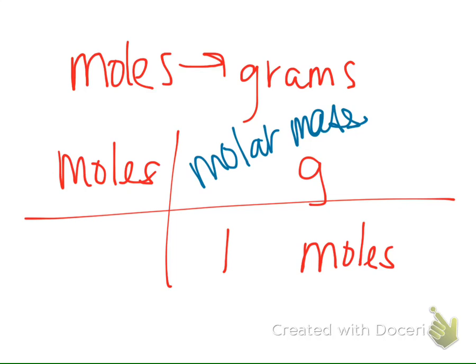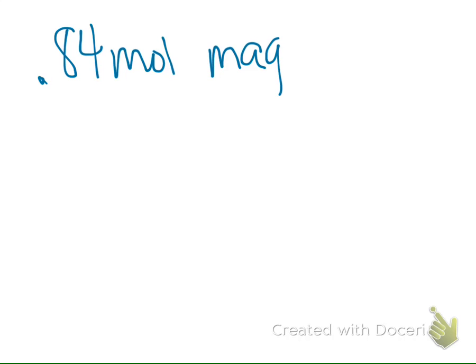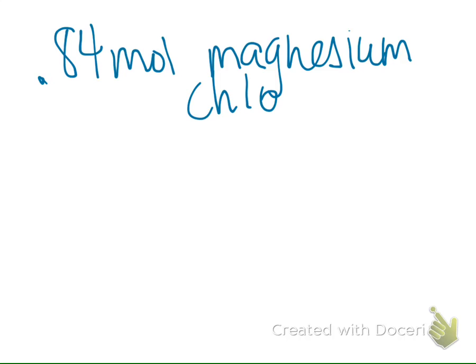Okay, so let's say that I have 0.84 moles of magnesium chloride, and I want to find out how many grams that is.